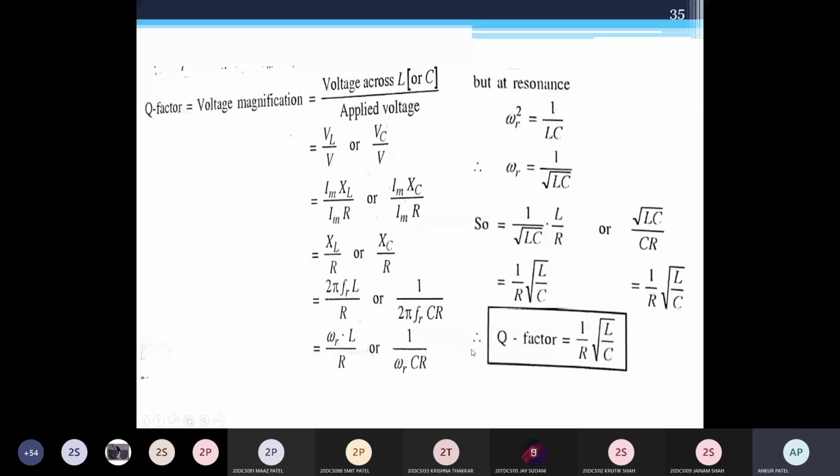So the Q factor is nothing but the quality factor of the coil. It is inversely proportional to the resistance and the capacitance, and proportional to the inductance of the coil. Up to this, any doubt for the Q factor?